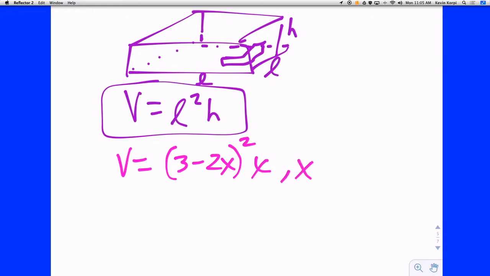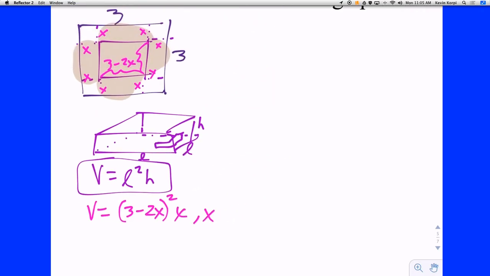So let's think of a reasonable domain. What's the absolute smallest we can cut? 0, right? 0 is a safe lower bound. But if you cut 0 from each corner, what's the volume of that flat 3x3 sheet of cardboard? 0. So that's going to be an absolute minimum because you haven't done anything to it. So I know it's going to have to be something bigger than that.